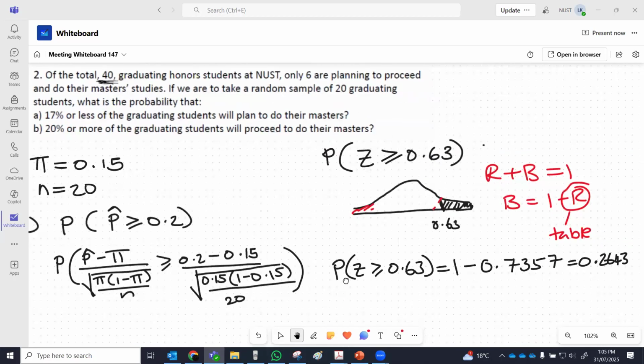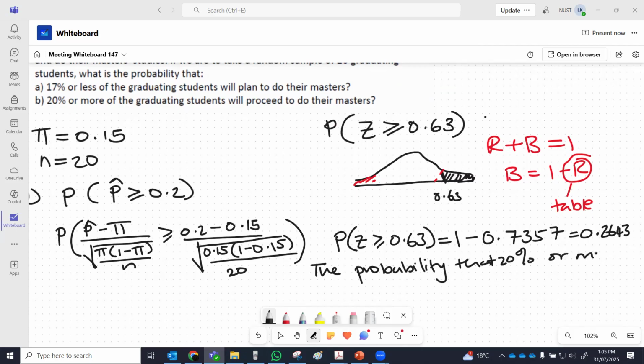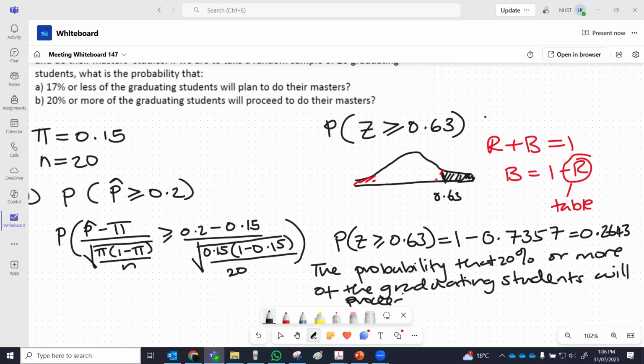And then we write a sentence answering the question. We say that the probability that 20% or more of the graduating students will proceed to do their masters is 0.2643.